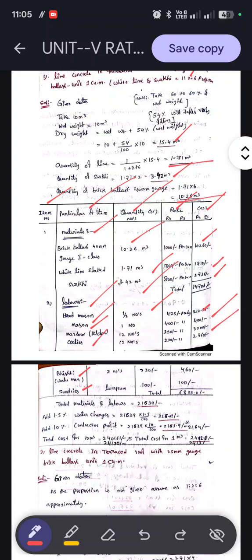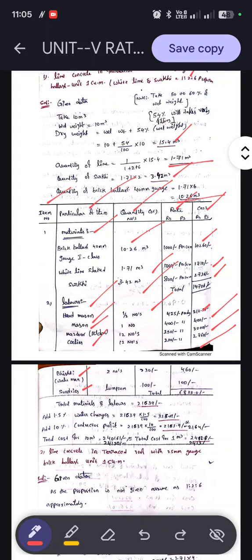Next, coolies. Coolie quantity is 12 numbers working in the foundation work, and the per day cost is 230 rupees. So 12 into 230, now the cost is 2760 rupees.